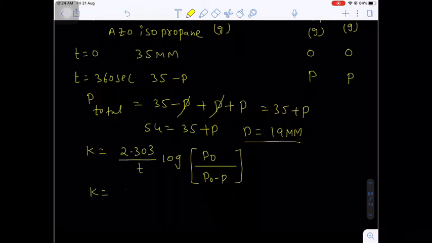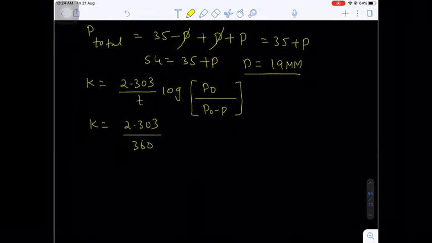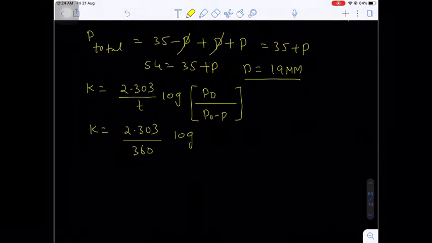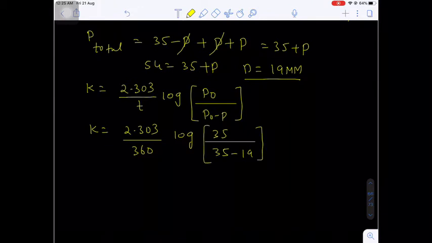So K is equal to 2.303 by 360 into log of the initial pressure 35 mm divided by P0 minus P, where P0 is 35 and the P value here is 19 mm.